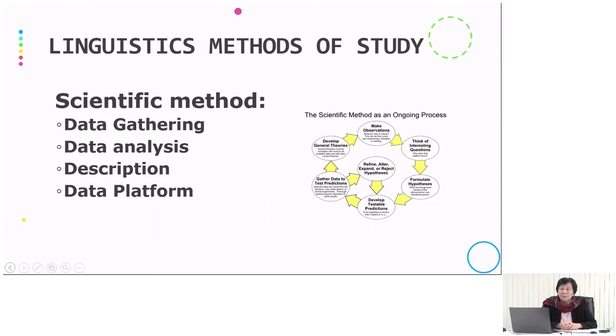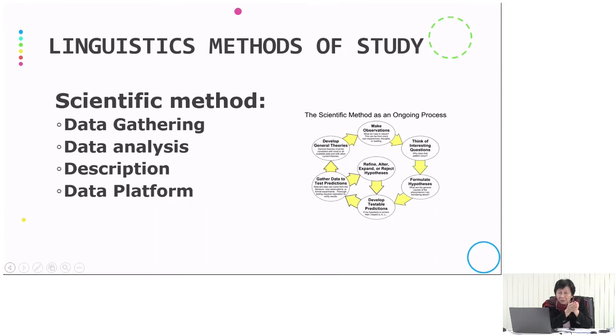And then you set up your analysis in groups, in forms, in areas that we call a platform. So we conclude our analysis into a data platform.